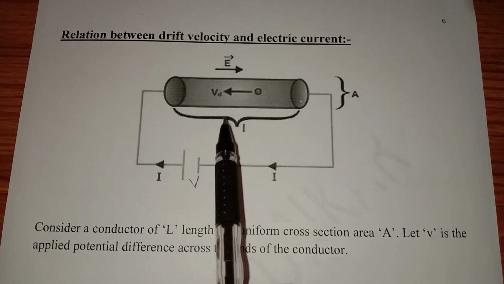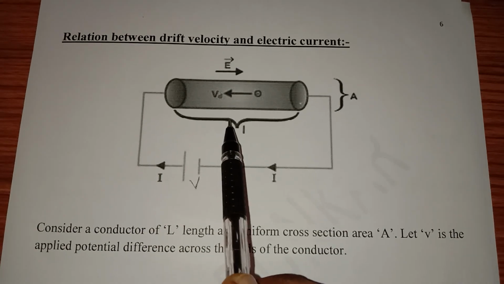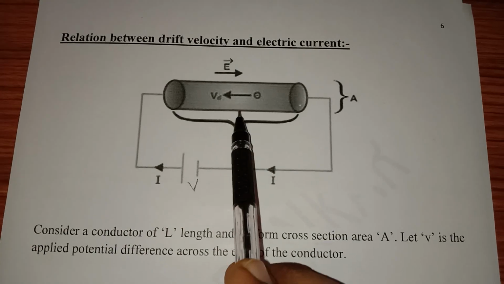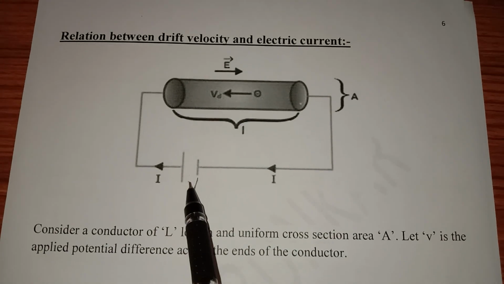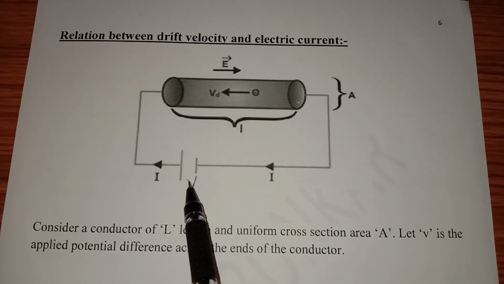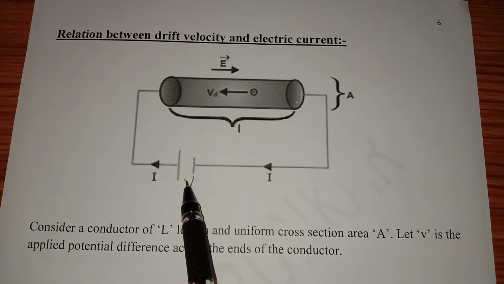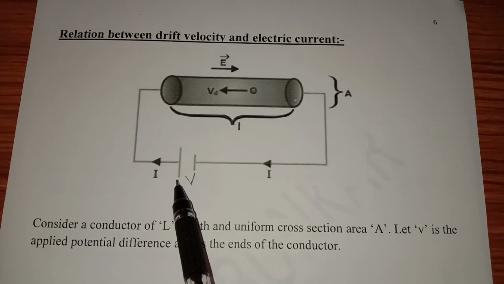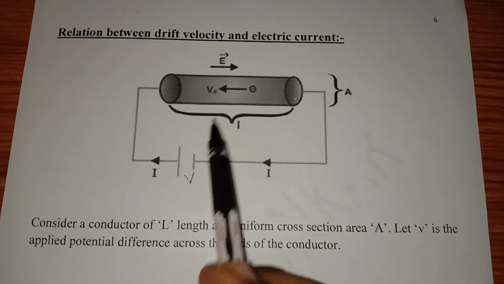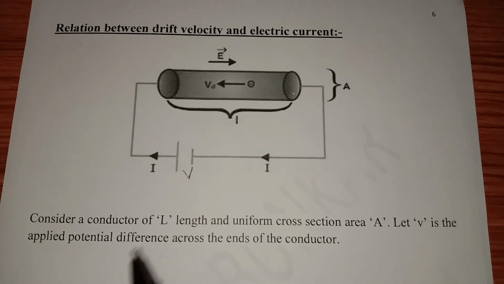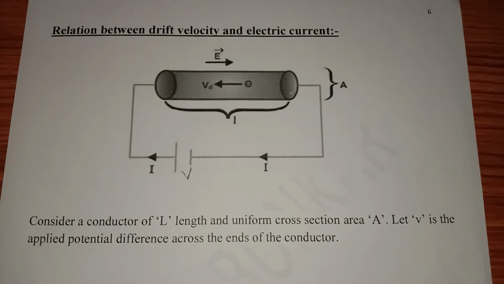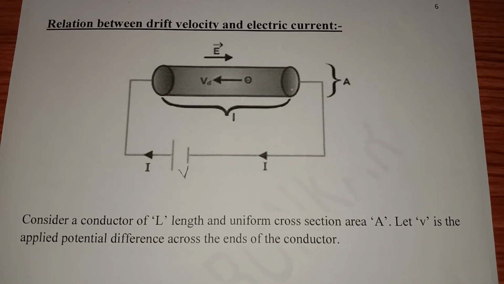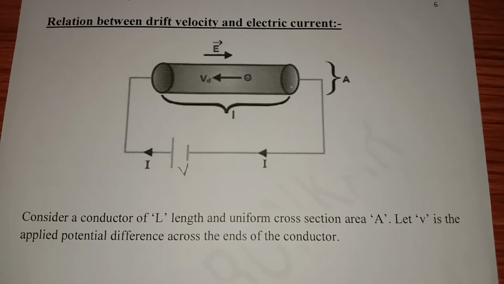Means the drifting of the electrons by a certain average velocity towards the positive potential, when the conductor is connected with the battery, is known as drift velocity.